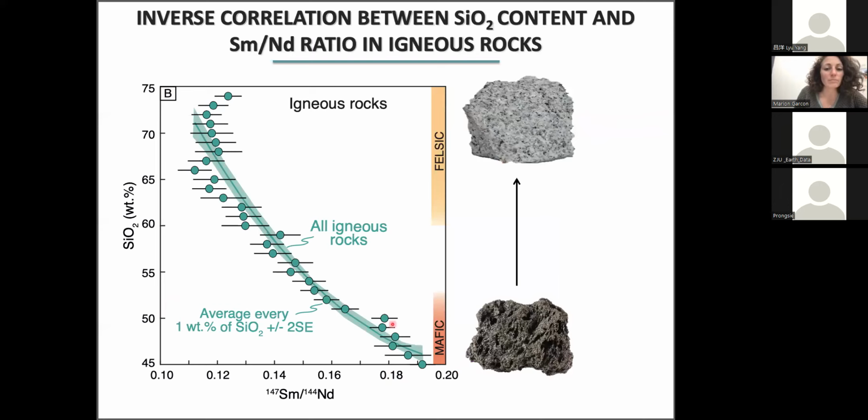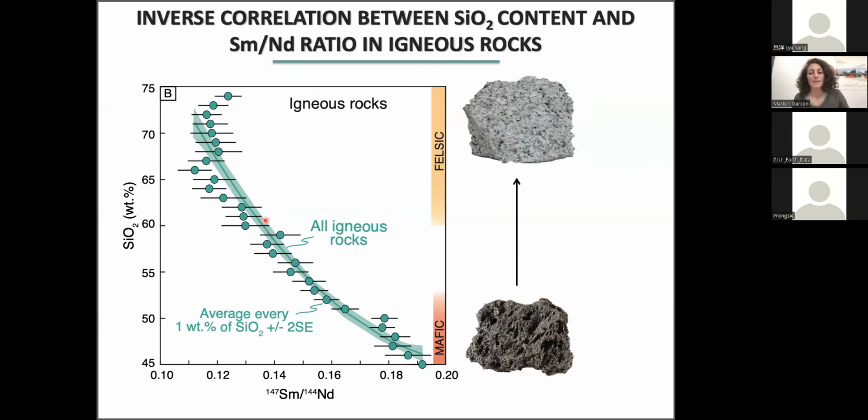So to say it quickly, a basalt or a mafic rock will be characterized by low silica content and relatively high samarium neodymium ratio, while something that is more felsic will be characterized by higher silica content, of course, but also lower samarium neodymium ratio. And there is a quite nice correlation that we can regress and calculate here.